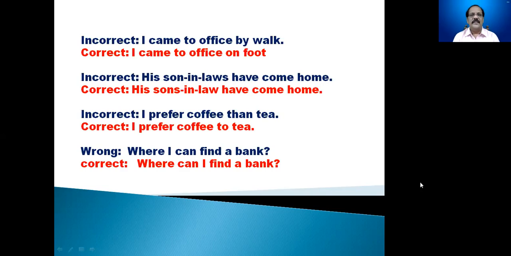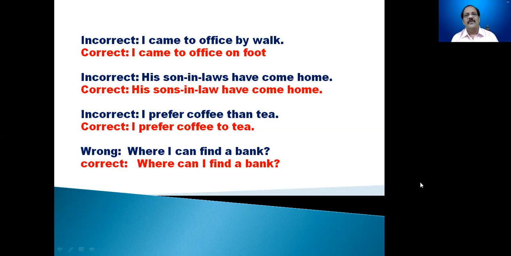Look at these examples. I came to office by walk. Instead, you should say, I came to office on foot. Usually, for means of transport, we use the word by. For example, he came by train. You can say he came by bike.